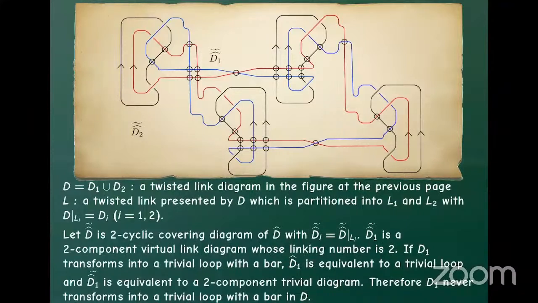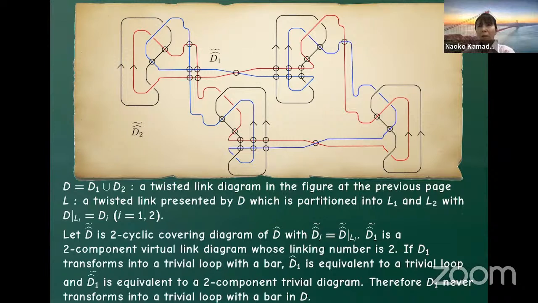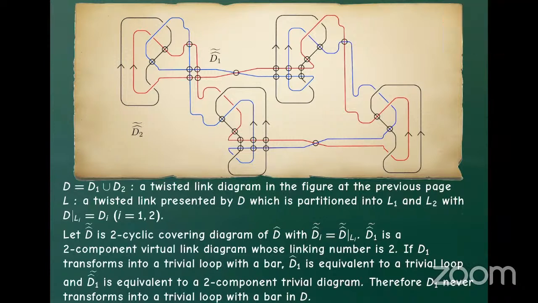And you have another covering. So when you jump at virtual crossings, do these two coverings coincide?